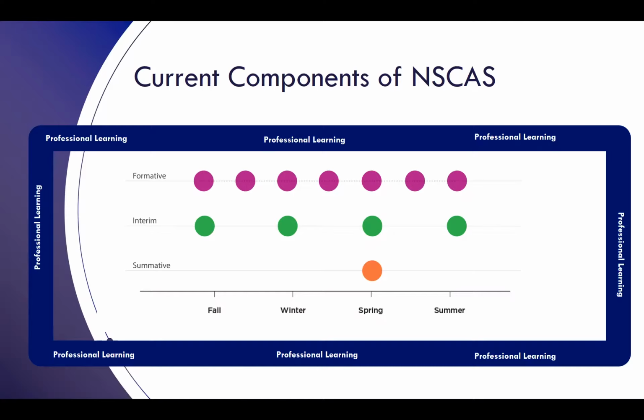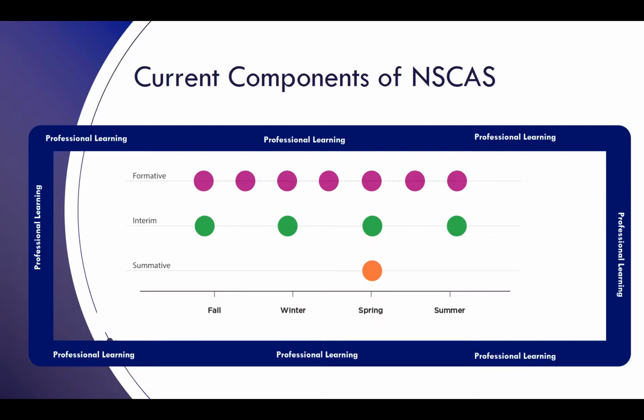In addition to the MAP Growth professional learning, there's NSCAS professional learning, there's assessment literacy professional learning, and we continue to add more to the offerings that certified facilitators can do around professional learning to help support districts. Every ESU in the state has a certified facilitator now. Most of our large districts have certified facilitators that can help in that professional learning around assessment and around the NSCAS system as a whole.